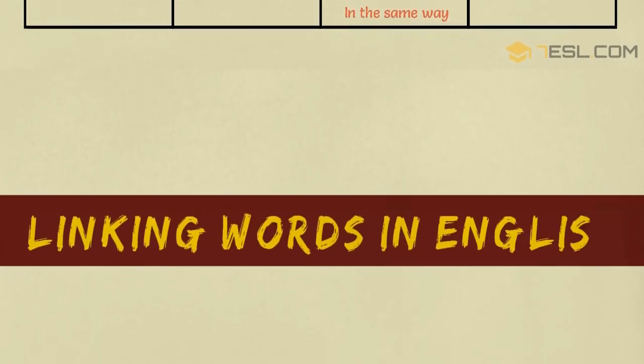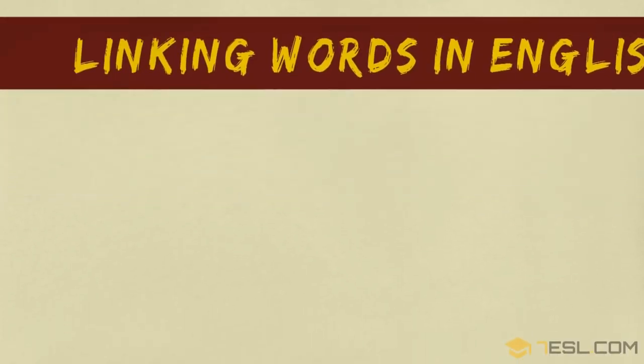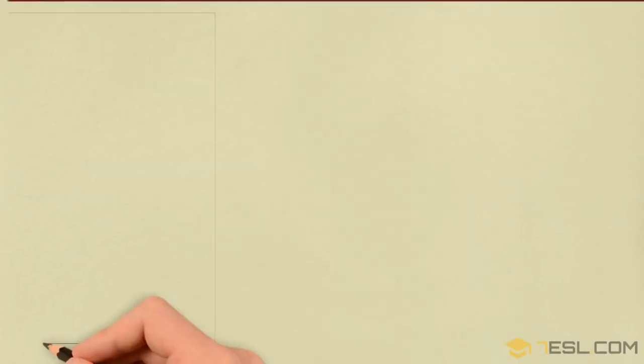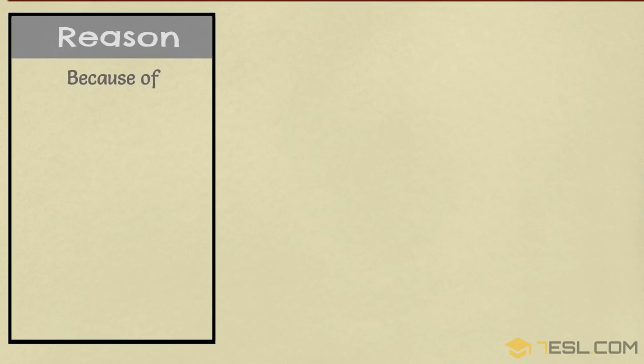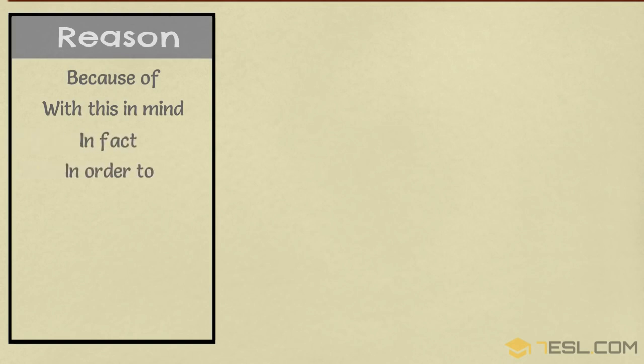Linking words in English. Reason: because of, with this in mind, in fact, in order to, due to.